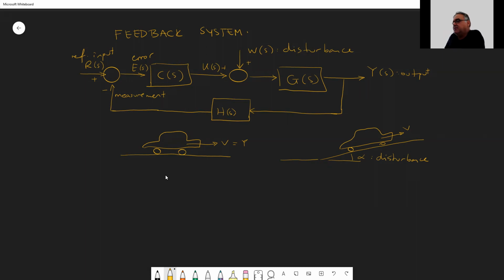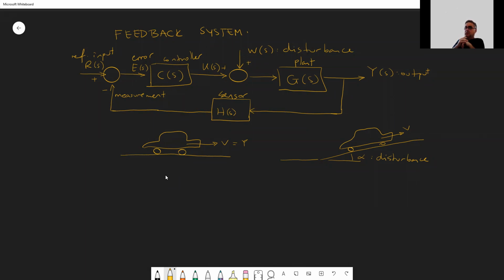On an airplane, a wind is a disturbance. On a motor, the external torques might be disturbances. So the control system should try to reject the disturbance as much as possible. By the way, let me write this. This is the sensor, this is the plant, and this is the control. Do you have any questions about this up to here?